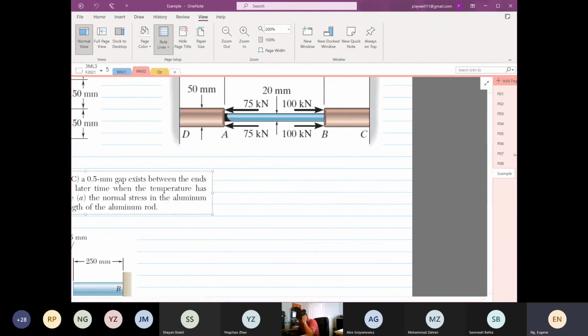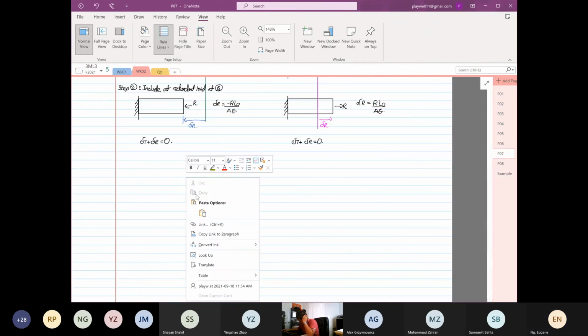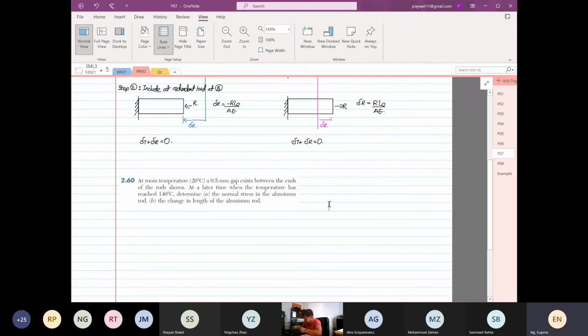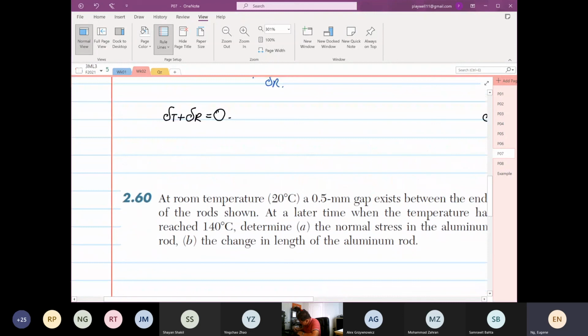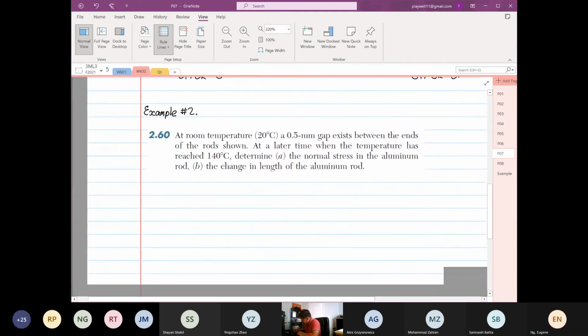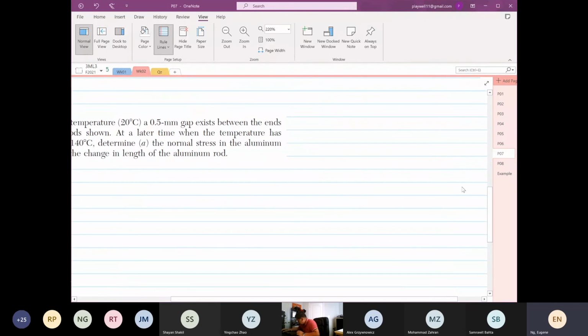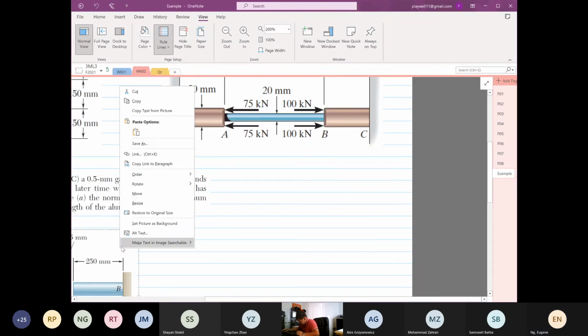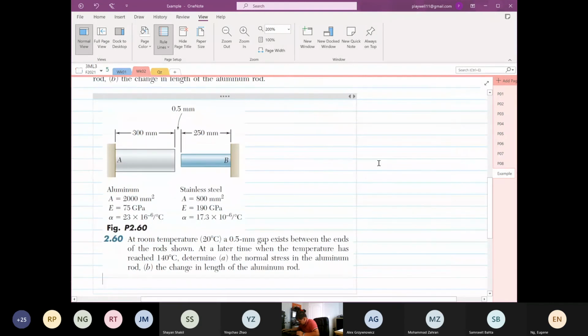Let me copy and paste first. So this is example number 2, and then I'm going to copy the image. Hey, I think I did something silly.